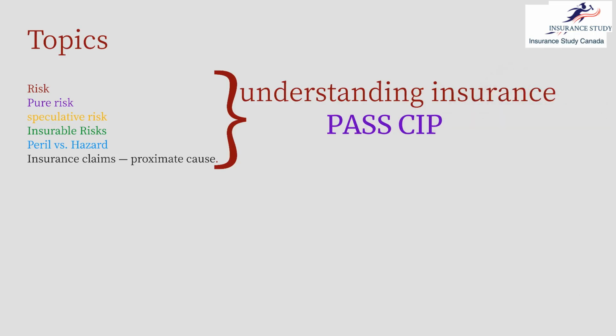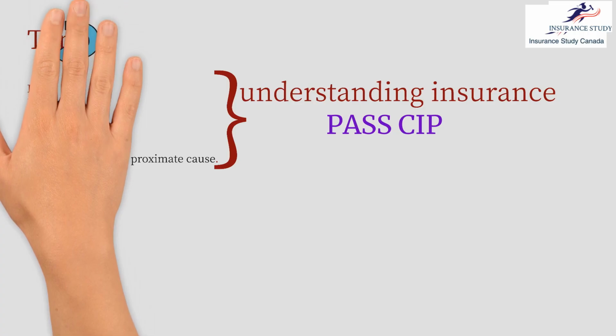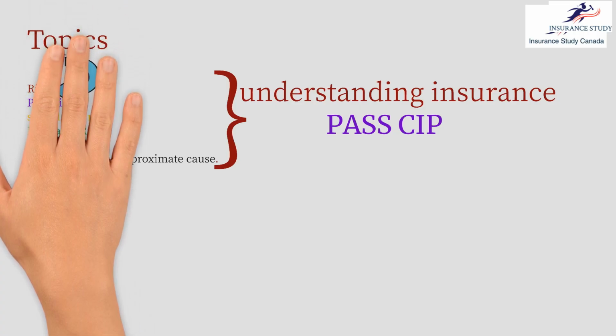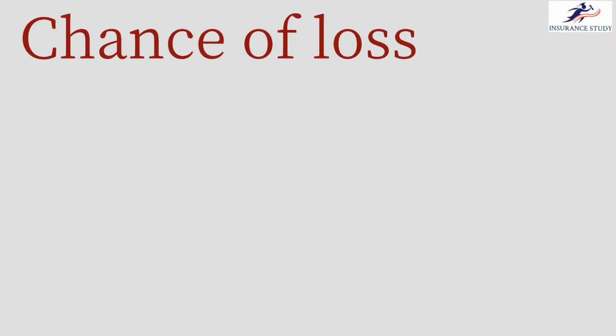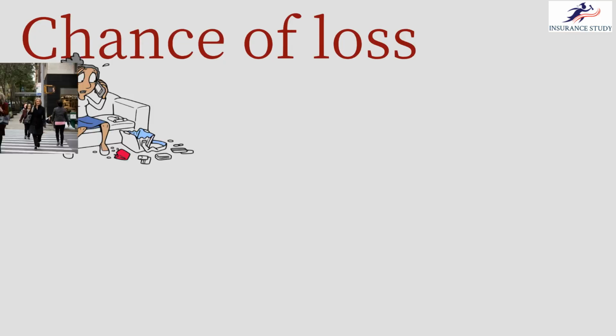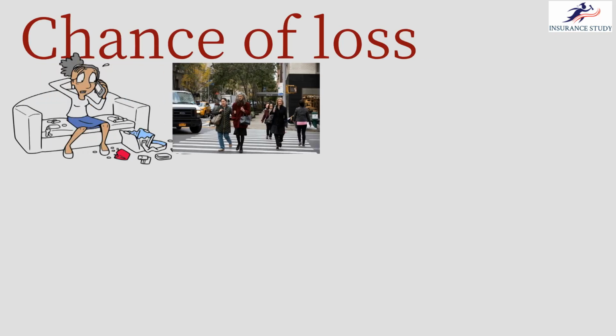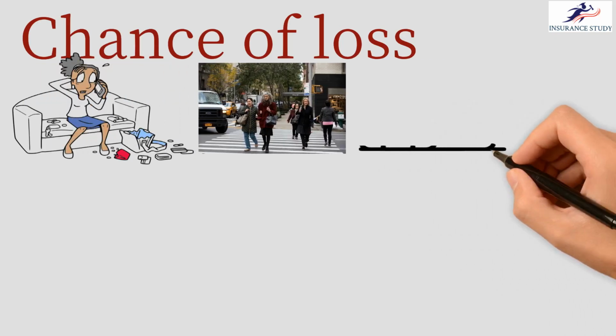So let's start with the basics. What is risk? Let's begin with the word risk. In simple terms, risk means the chance of loss. Risk is part of everyday life. For example, when you cross the street, there is a chance that you could be injured.